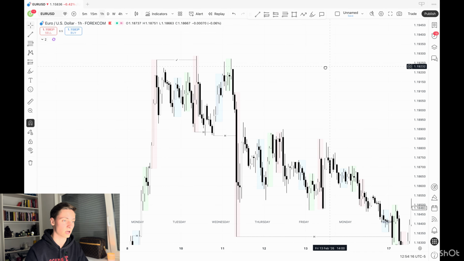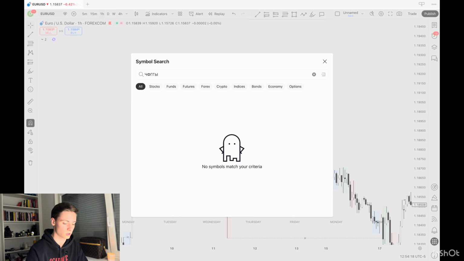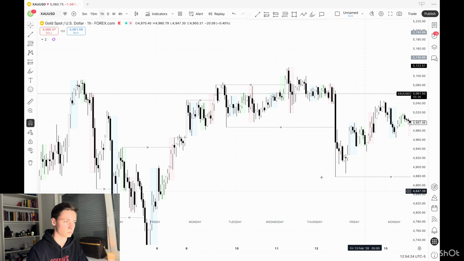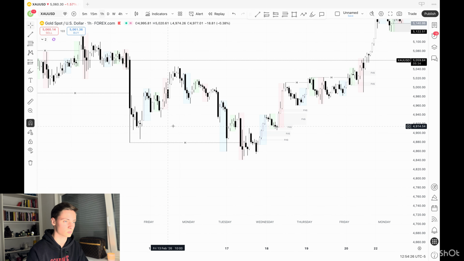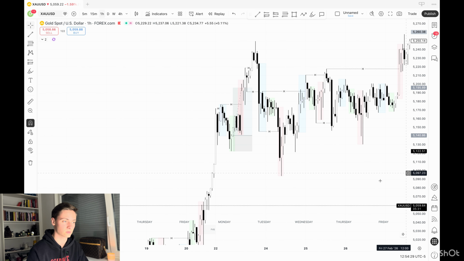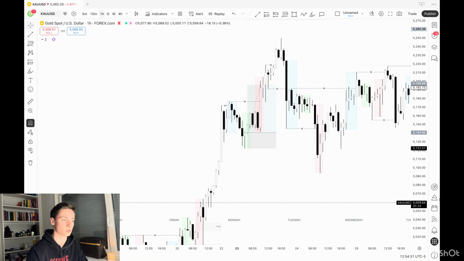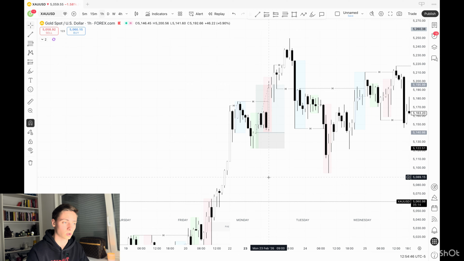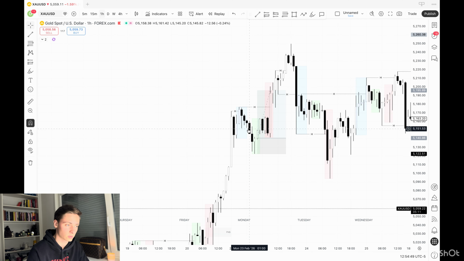Now I will show you a live example of a trade which I personally took on gold. You can see it right here. As I told you, I oftentimes use session lows and highs as liquidity pools, and it also helps me a lot to understand the context of a trade. So for example, here we're in an uptrend and I want to long. London opens here. What am I waiting for?